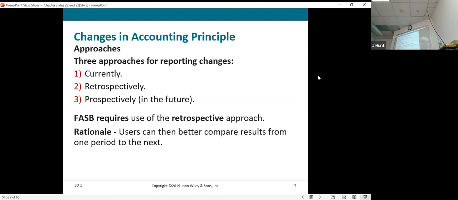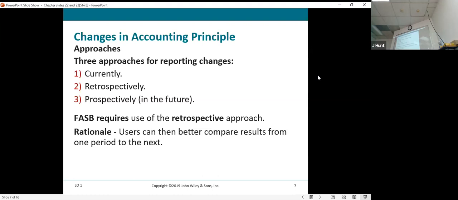Or we could do it retrospectively, where we go back, change the numbers we reported before, restate them. And then from going back, restating, we bring it forward, right? Or we could do it prospectively, where we just change it in the future, going forward.